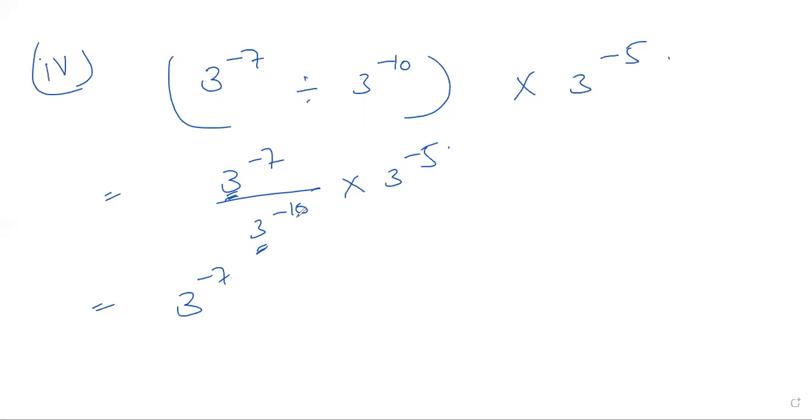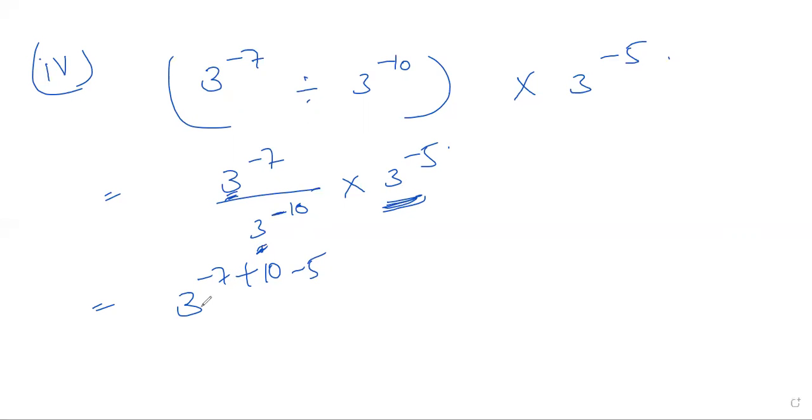So minus 10, if you bring minus 10 to the numerator, it becomes plus. Minus becomes plus, plus becomes minus. Minus 10, if it comes to the numerator, it becomes plus 10. Then we have one more term here, 3 to the power of minus 5. So here also the base is 3.